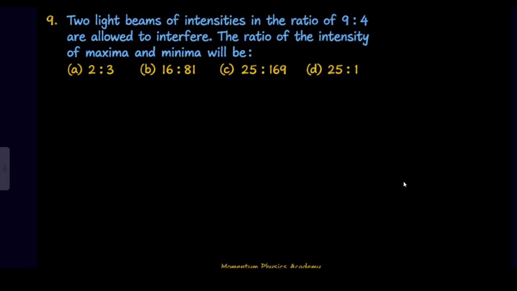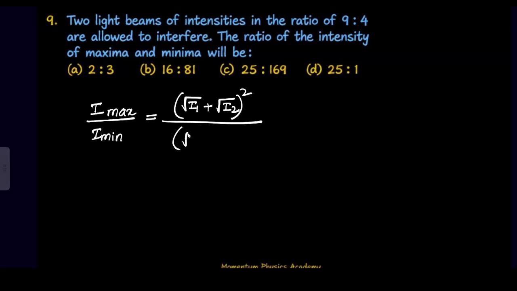So they asked to find Imax by Imin. So Imax is root I1 plus root I2 whole square by root I1 minus root I2 whole square. We can substitute the values and simplify it now.